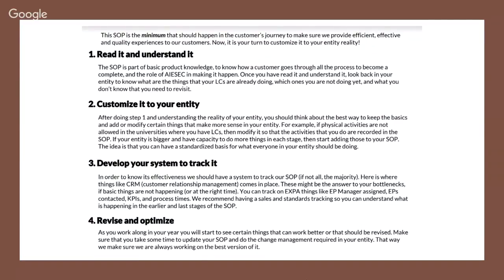So the SOPs doesn't mean that you have to attach 100% to it, but to have a frame to guide you in how you can improve your product performance.